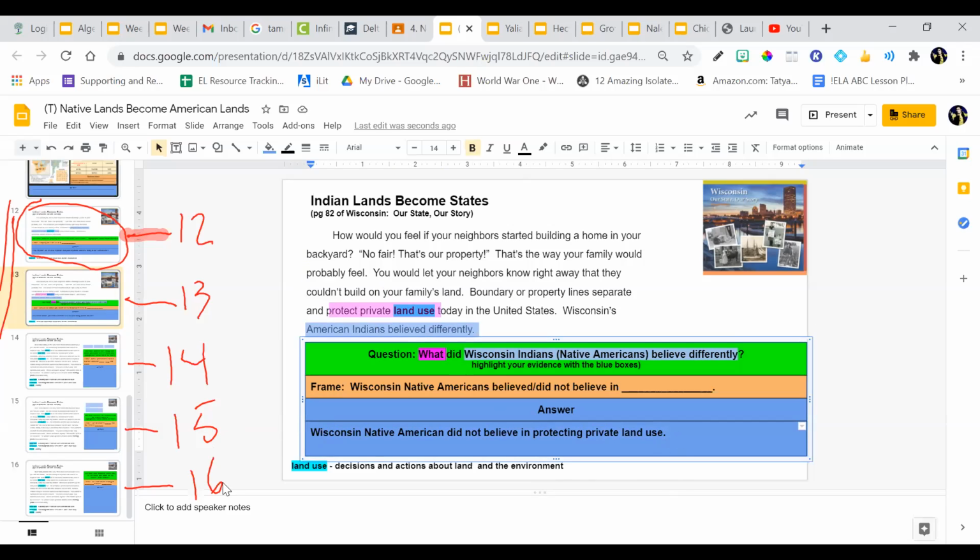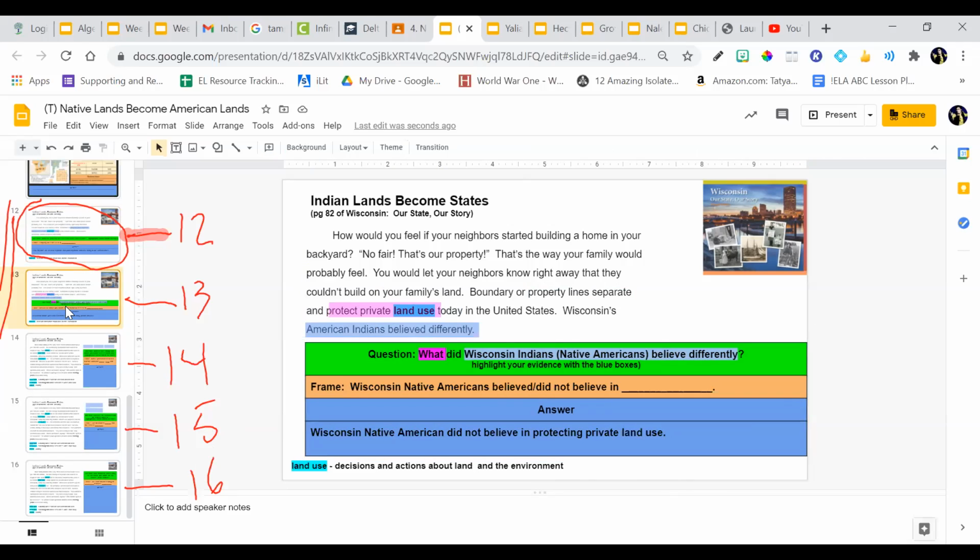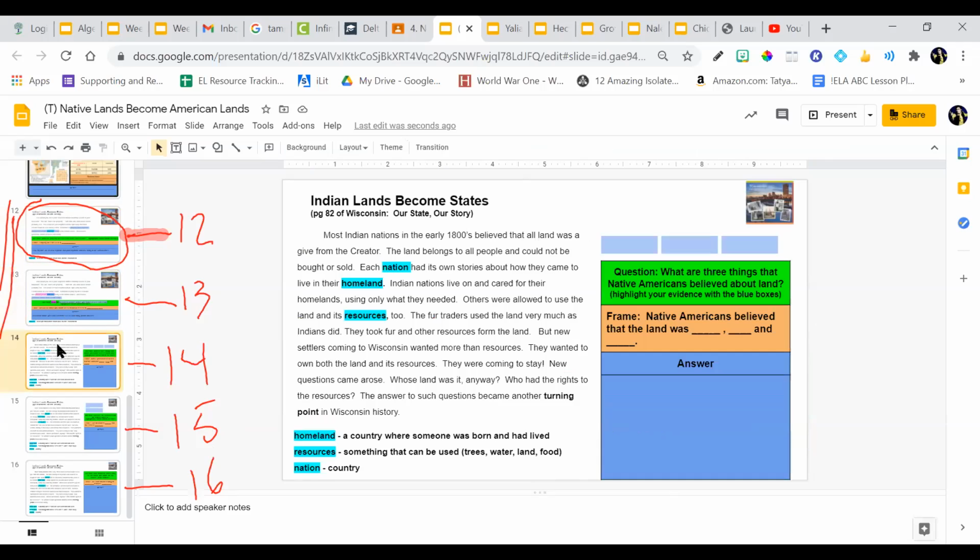Okay? So we have number 12, number 14. Now we have our answers and highlighting with our boxes. Let's do one more here together. All right, now this one's tricky. This one we have three things. Let's look at the question first.